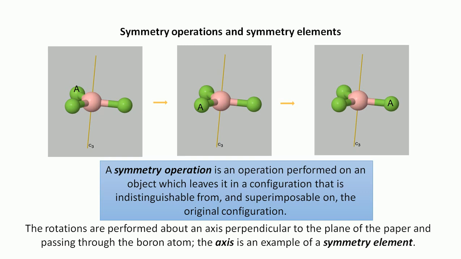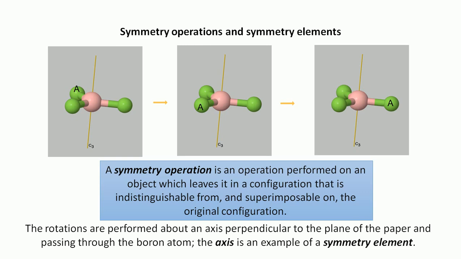You cannot distinguish this boron trifluoride from this, but they are not identical also. So a symmetry operation is an action which, when performed on an object or a molecule, gives you an indistinguishable image from the original one.